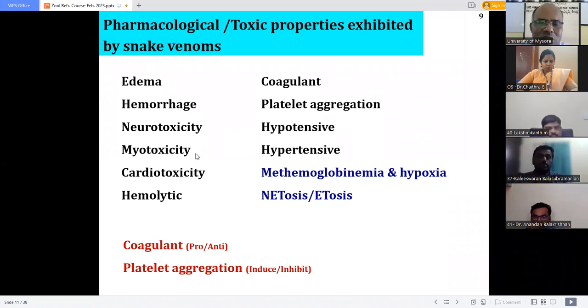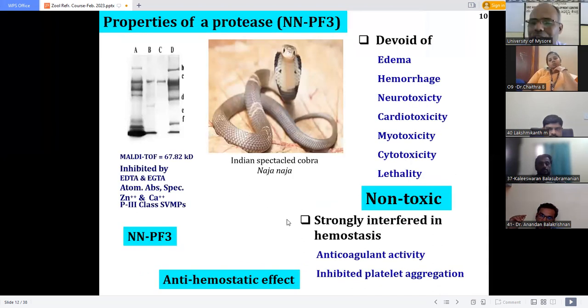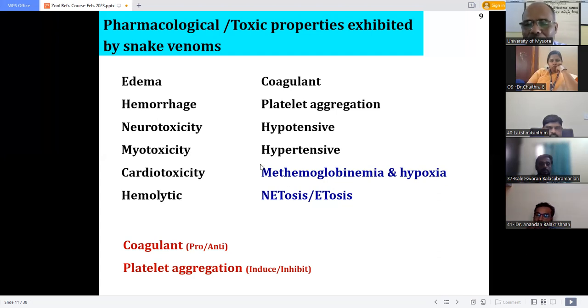Myotoxicity may be working on smooth muscle or skeletal muscle; cardiotoxicity working on cardiac muscle; and hemolytic, lyse the RBCs; coagulant, effect on blood coagulation; platelet aggregation; hypotensive, reduce the blood pressure; hypertensive, increase the blood pressure; methemoglobinemia and hypoxia; netosis or etosis. Methemoglobinemia and hypoxia, netosis and etosis, these properties, our lab discovered these two.